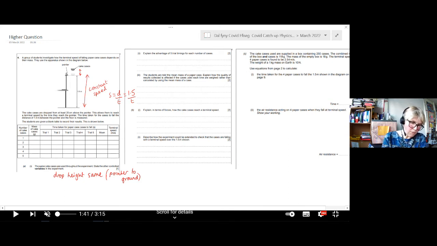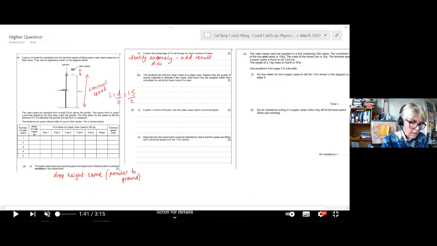Explain the advantage of 5 trial timings for each number of cases. Well, in case there's an oddity, an odd one, and we call that an anomaly. That means it's an odd result. Now, it's not just the fact that we have one, it's the fact that we identify an anomaly and that we can discount it.